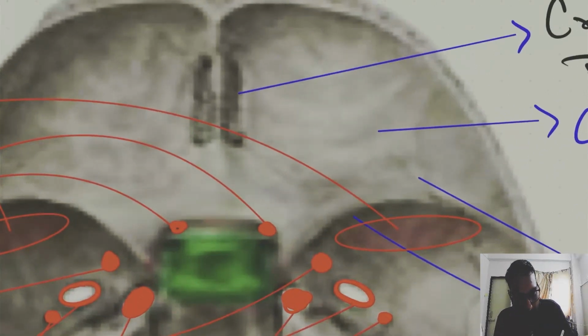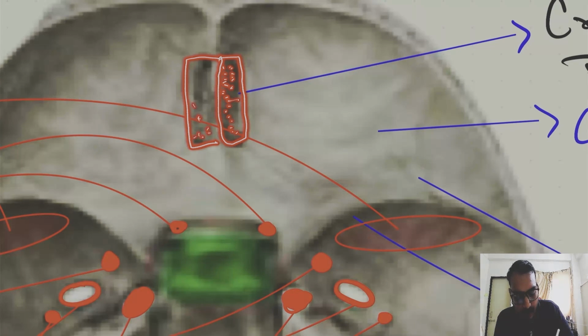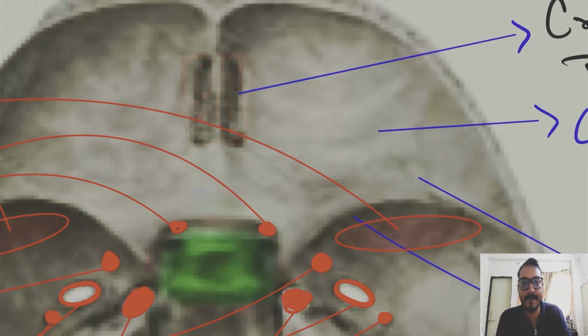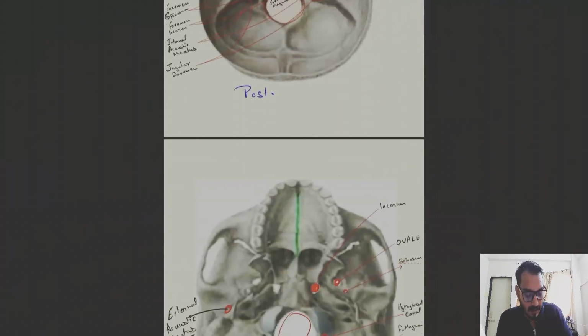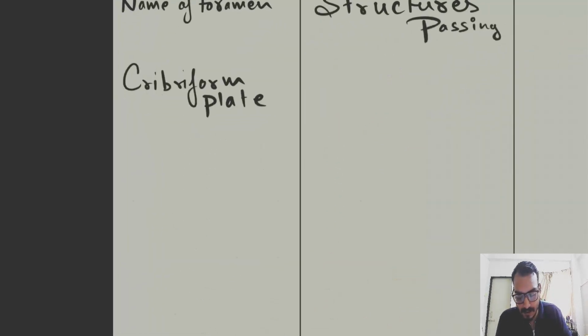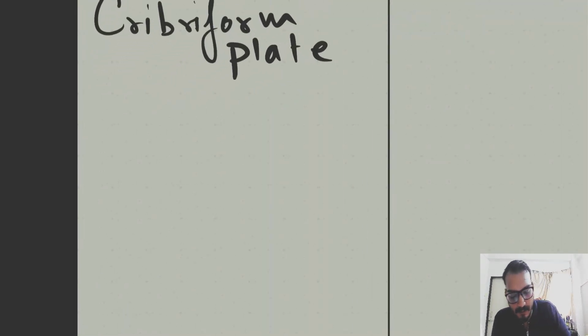On the medial side of the ethmoid bone, we have some perforations. These perforations fully combined are known as cribriform plate.